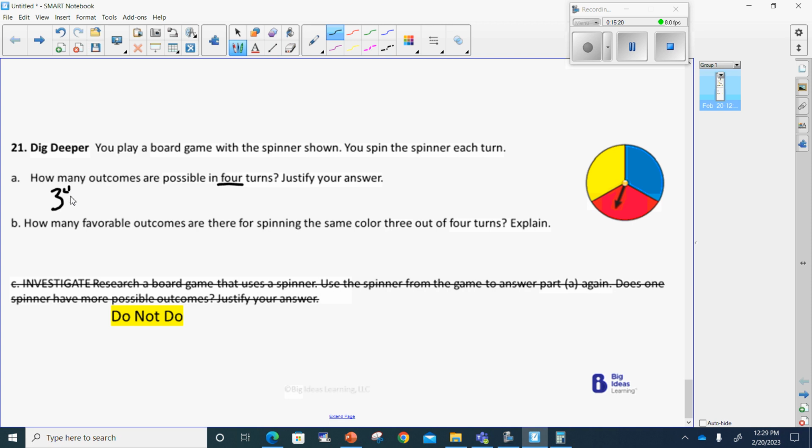Well, this is equal to 3 times 3 times 3 times 3. And I know 3 times 3 is 9, and 3 times 3 is 9, and then 9 times 9 would give me 81. So in 4 turns, 81 possible outcomes.